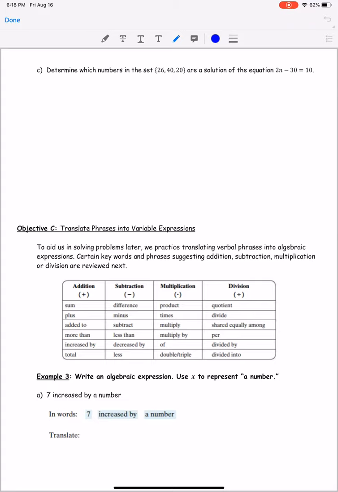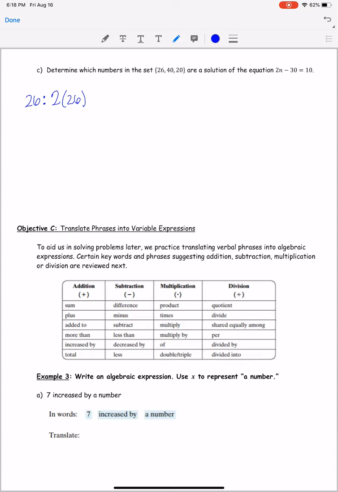Let's start with the first number it gives me, 26. This means where I see this variable of n, we're plugging in a 26. So 2n means 2 times n. In this case, 2 times 26, now write the rest of this.